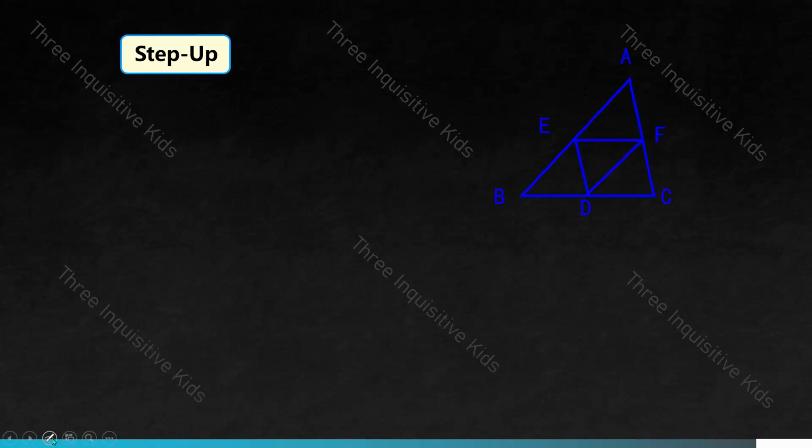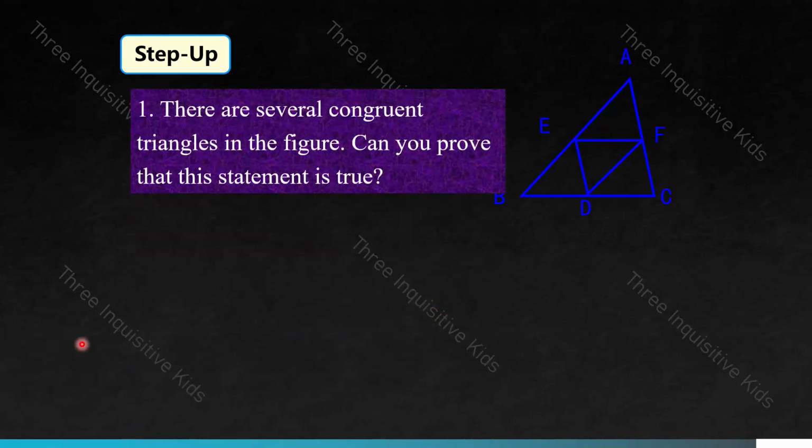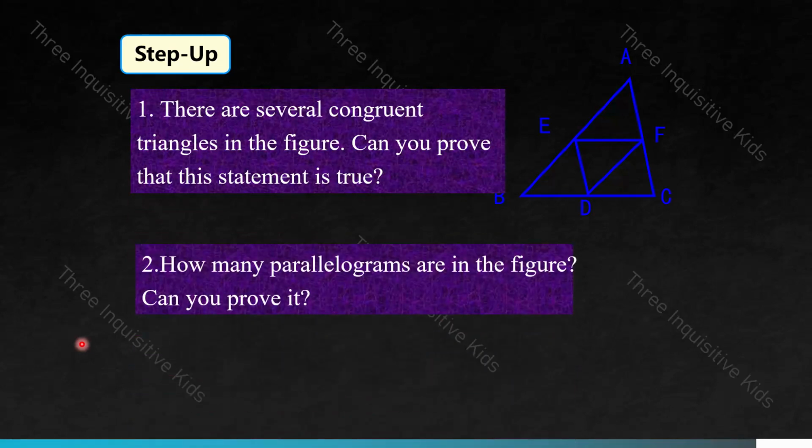Now here is a step-up problem. There are several congruent triangles in the figure. Can you prove that this statement is true? And how many parallelograms are in the figure? Can you prove it? Here, the several congruent triangles would be AEF, EFD, EBD, and CFD.